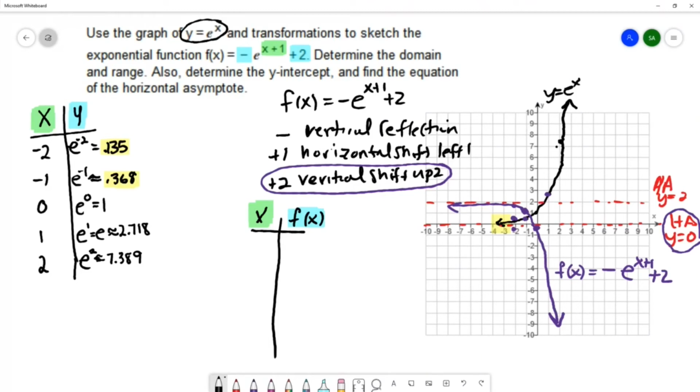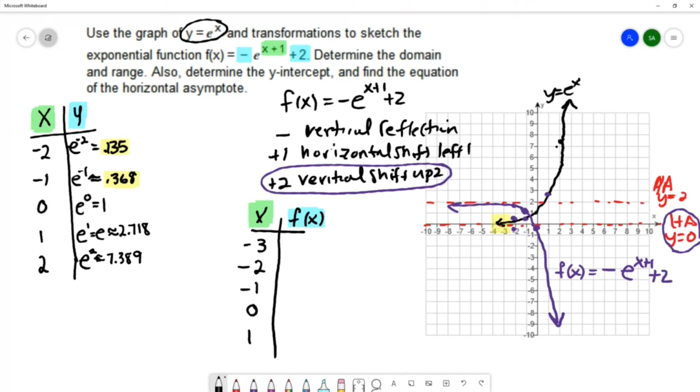So when we shift to the left 1, that affects the x-coordinate, and we're going to subtract 1 from the x's. So all of the x's will be subtracted by 1. So that makes -3, -2, -1, 0, and 1. For the y-coordinates, the reflection will make the y-coordinate opposite. So when you're above, you mirror to be below.